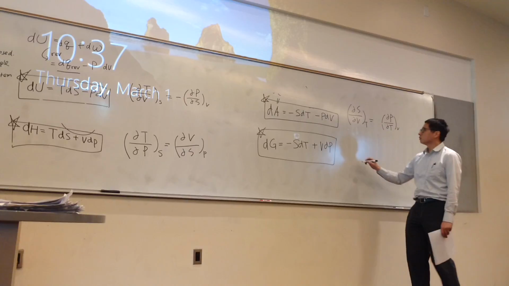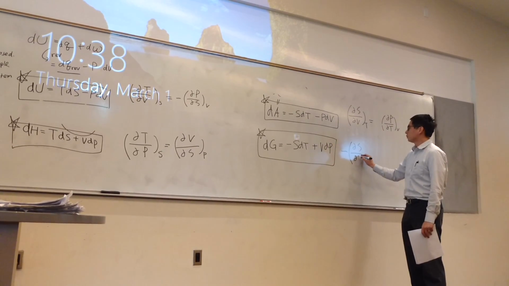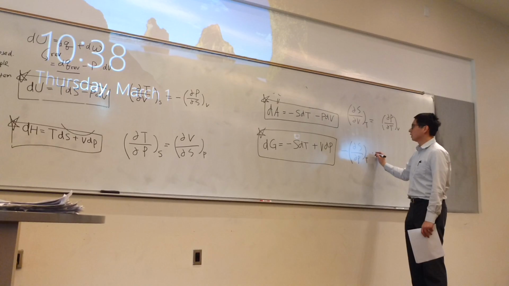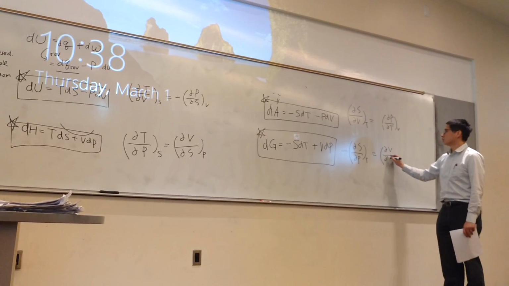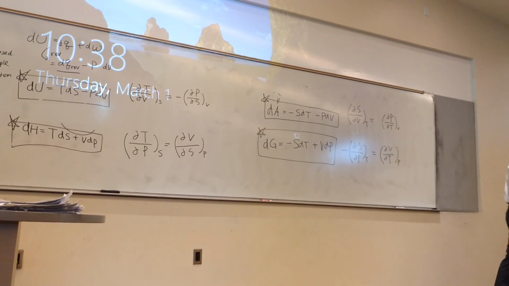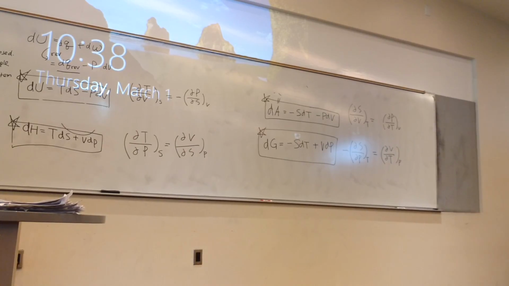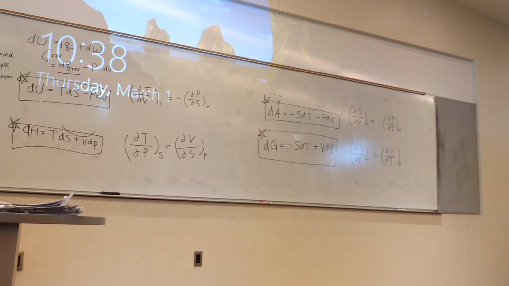And the very bottom one will be negative partial S, partial P at constant T is going to equal partial V, partial T at constant P. So there are another 4 equations to remember.